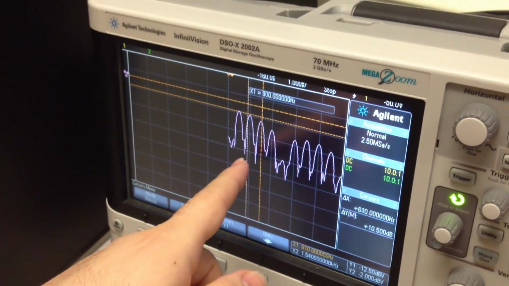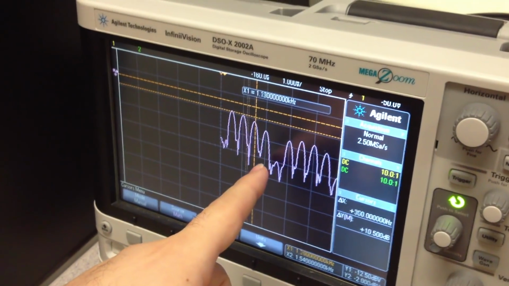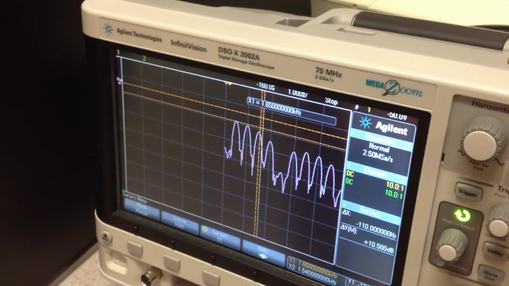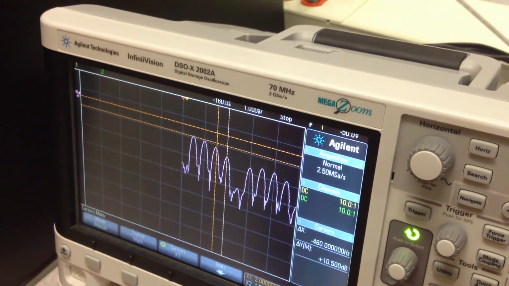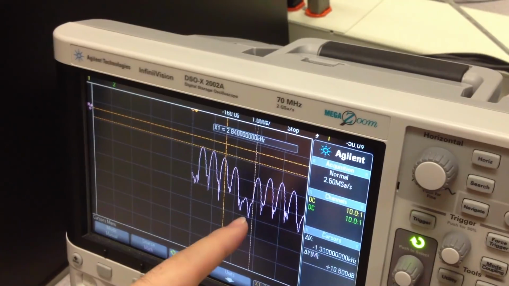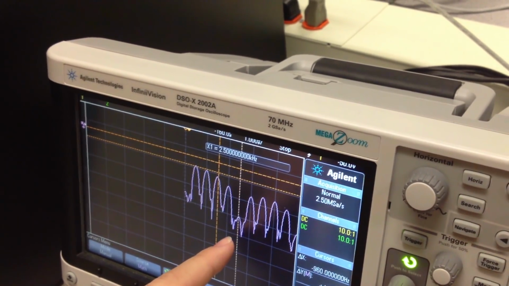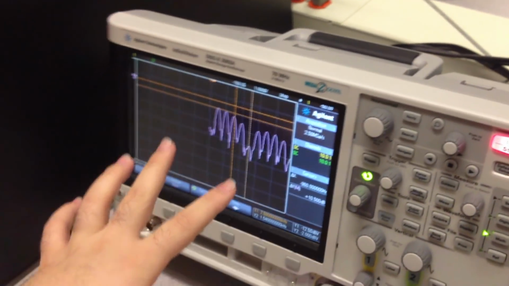The second bin, 1 kilohertz. Okay. That's perfect. 1.5 kilohertz. Perfect. 2 kilohertz. Perfect. That's the 0 one. 2.5. Perfect. So the frequency response is okay.